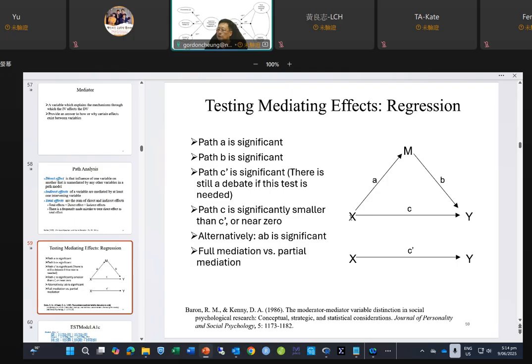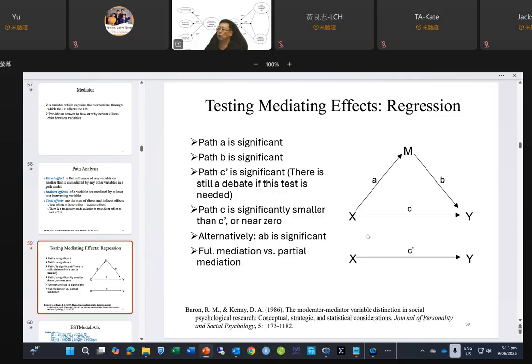But nowadays, a lot of times we have more than one mediator. What if this one is positive and the other mediator is negative? Then they will cancel each other out, and C' will be zero. However, it doesn't mean that there is no significant indirect effect. There may be two significant indirect effects. So you don't need a significant total effect to test a mediating effect.